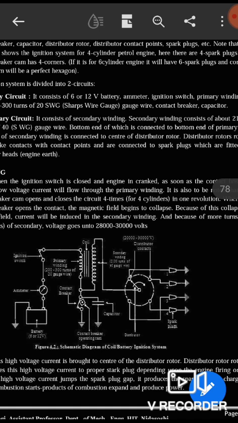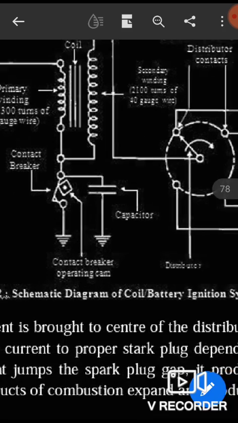Those are the battery, the capacitor, and the contacts. The primary winding is there, and the secondary winding is there.